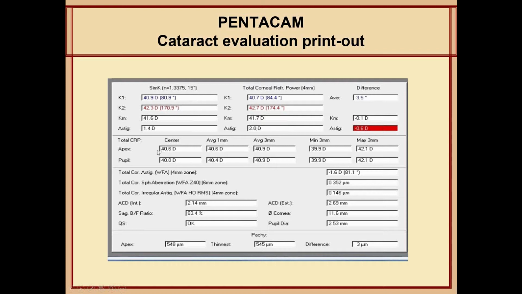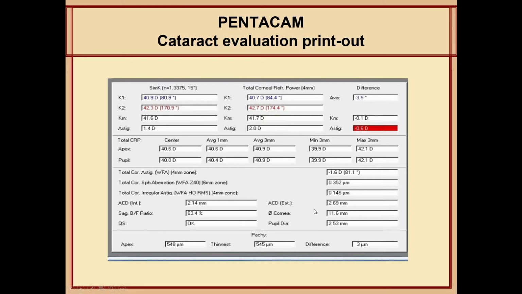And looking at the total corneal refractive power, it gives you the changes at the center, within the 1 millimeter, the 3 millimeters, the highest, the lowest. I don't look much at those. But you look at the lower part in here. It gives you also a total corneal astigmatism with a wavefront analysis. And of most importance to me is the spherical aberration, the Z40 in here, this number, and the total high order aberration, which is this one in here.